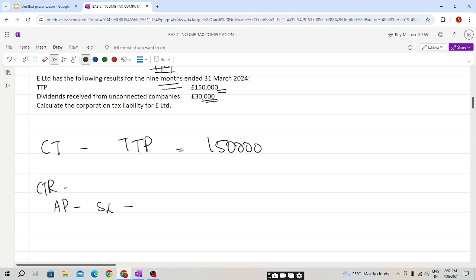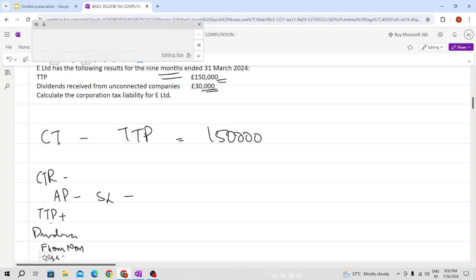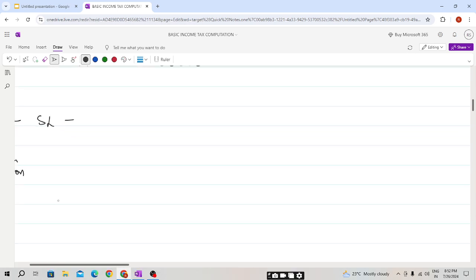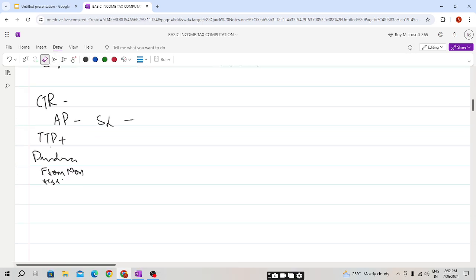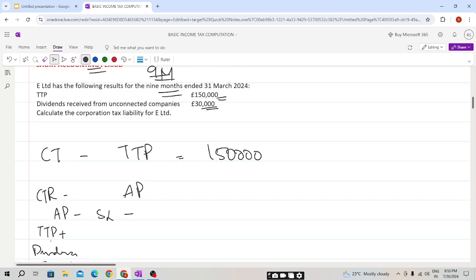In this case, our augmented profit will be, students, TTP plus dividends from non-associated companies. So our AP will be 150,000 plus 30,000. It will be 180,000. I hope this is clear.